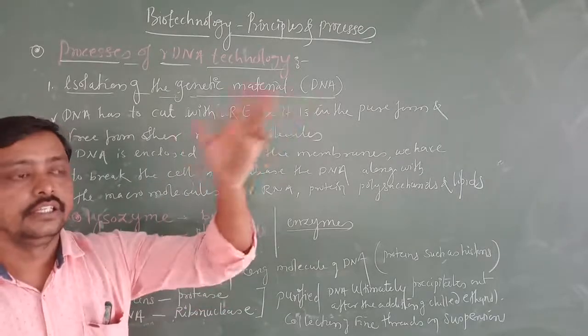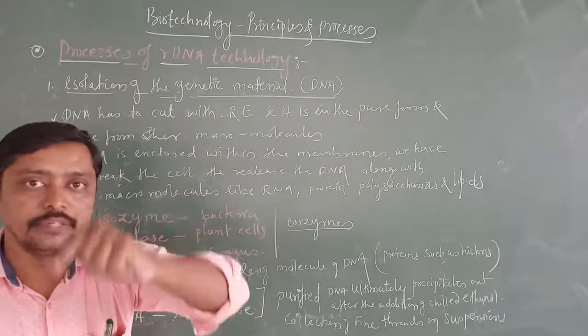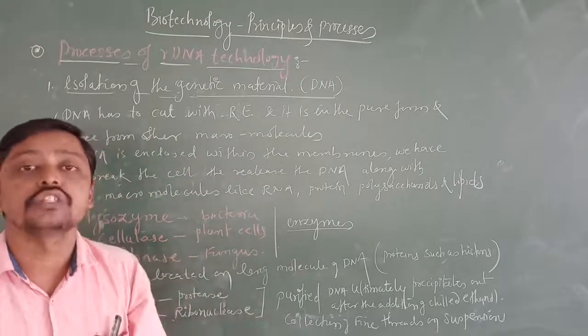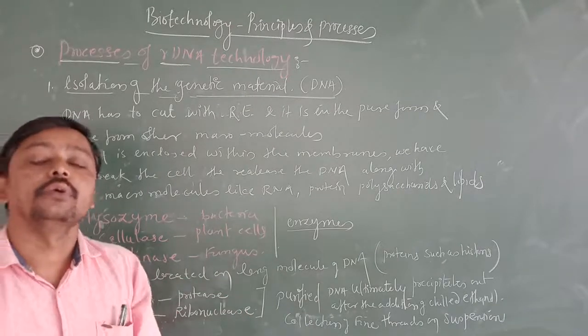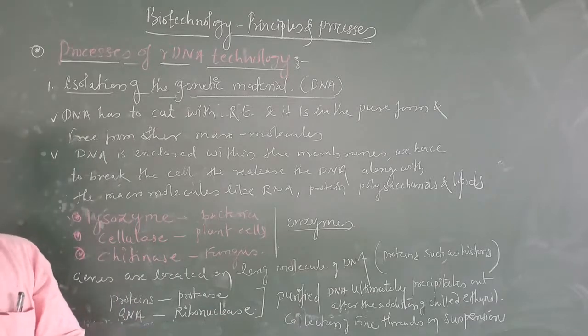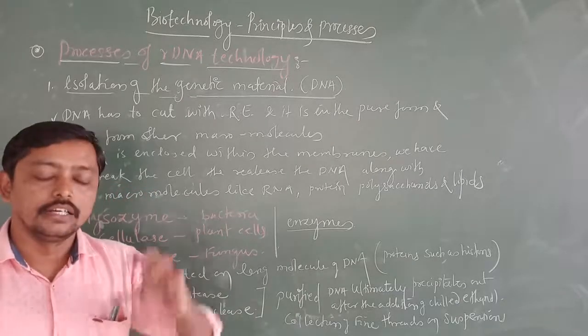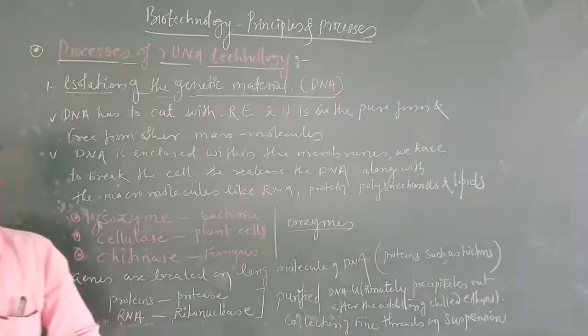Simply, we discussed restriction enzymes, then DNA ligase, then transferring that into the host bacterial cell, E. coli, then they grow in number, and then we get the recombinant DNA. That is the simple diagrammatic representation we studied.